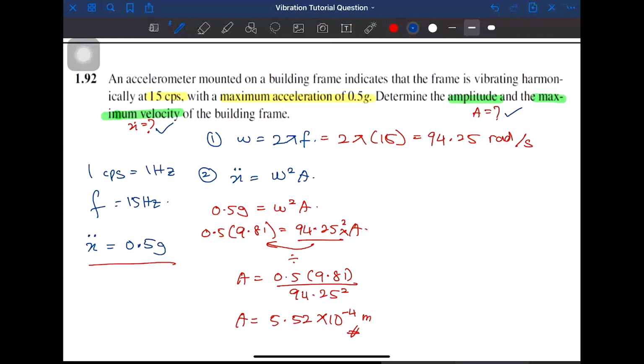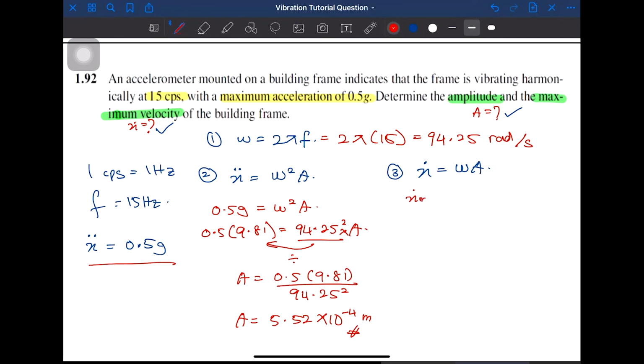All right. So now you want to find the value for, sorry, velocity. If you want to find the velocity, the formula for velocity is x dot equals omega times amplitude, which you already have the values for both omega and amplitude.